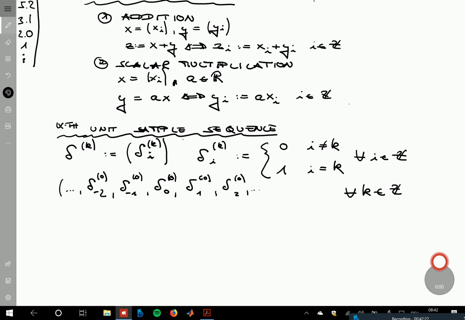Can you tell me what these values are if we write them out? Of course we have a lot of values before that we don't talk about, but what is the value of delta 0,-2?